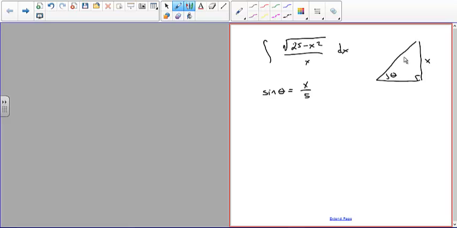So that means the opposite side is x. The hypotenuse is 5, and that's why we chose the sine, so that the third side would be the square root of 25 minus x squared. We could have used the cosine, but there's no advantage to using the cosine over the sine, so we're just going to stick with the sine.